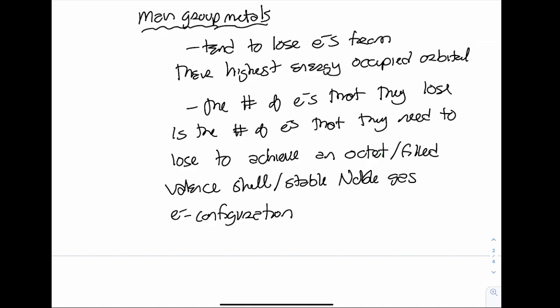Be really careful to not say it becomes noble gas. It does not. It's not losing protons, right? It's only losing electrons. So lithium with a +1 charge has the same electron configuration as helium, but it has not become helium. Lithium with a +1 charge still has 3 protons, helium has 2. So be really careful when explaining these.